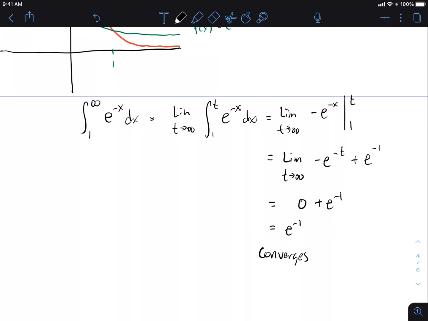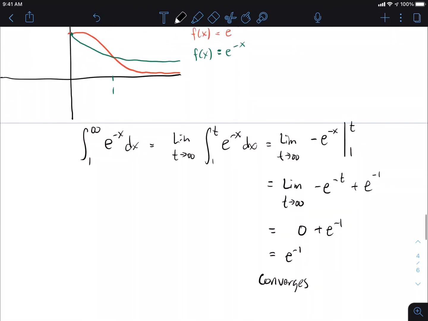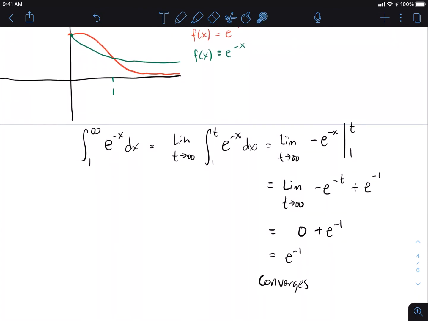Now, if the green converges from here to infinity, what's this smaller area going to have to do? It's going to have to converge. The larger converges means the smaller must converge.